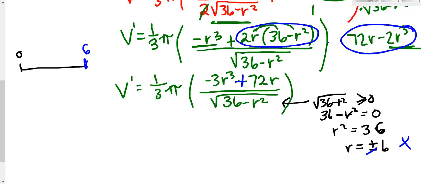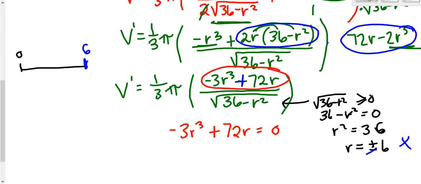So we take the top here and set that equal to 0 to get our other critical number, negative 3r cubed plus 72r equal to 0. So you can factor. If you factor out a 3r, you have negative r squared plus 24.